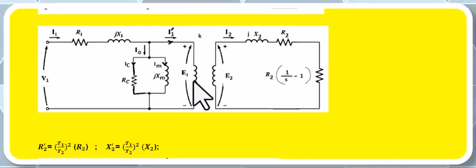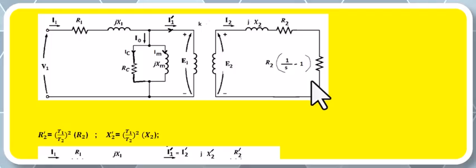Next, when there are two circuits and the device is only one, the analysis becomes very difficult mathematically. So to simplify this equivalent circuit, we have to transfer the elements of the rotor circuit to the stator side. When we transfer them, they become E2 dash, R2 dash, X2 dash and I2 dash, similarly R2 dash into (1 by S minus 1).